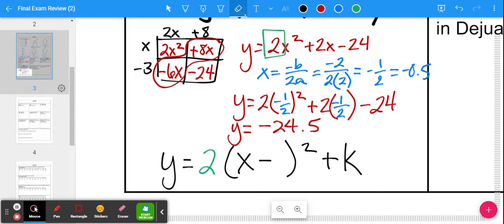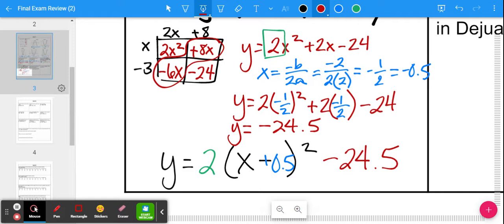So I'm going to replace that with the negative 0.5, but when you subtract a negative, you're actually adding. And then your k value is the y value of your vertex. So we have a negative 24.5, so minus 24.5.